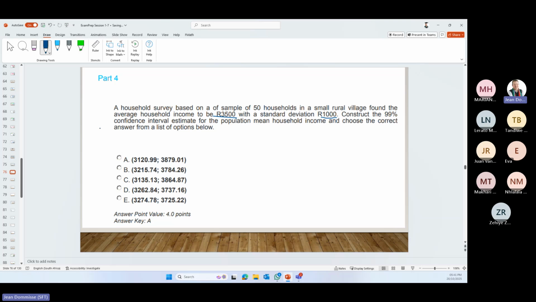Construct the 99% confidence interval estimate for the population mean household income and choose the correct answer from the list of options. Okay, so first of all, is the standard deviation known or unknown?